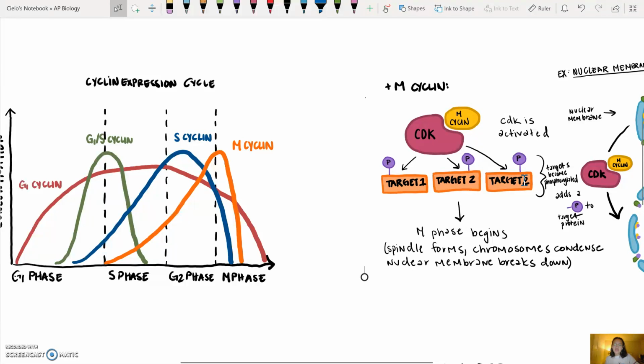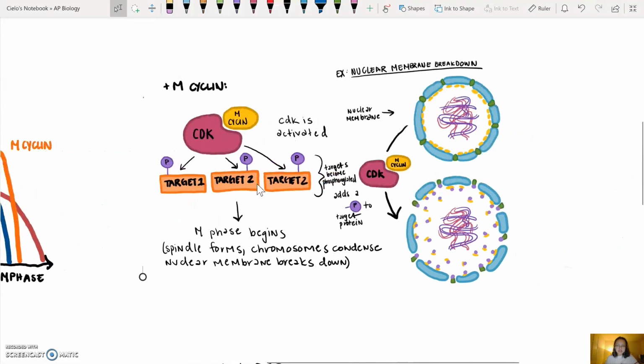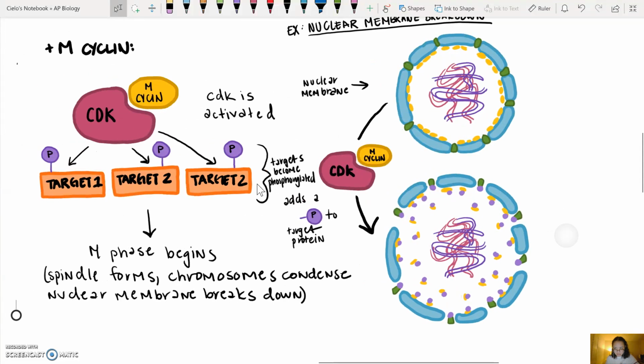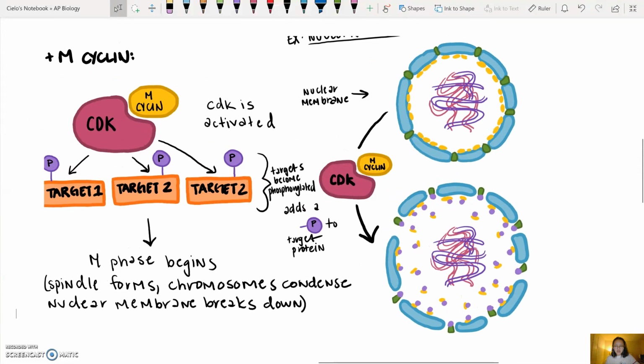The levels of activity and protein fluctuate with the levels of cyclin, seen here by this graph. Even specific cyclins are made at specific phases of the cell cycle. A great example of cyclin at work is the M cyclin, the mitosis promoting factor.